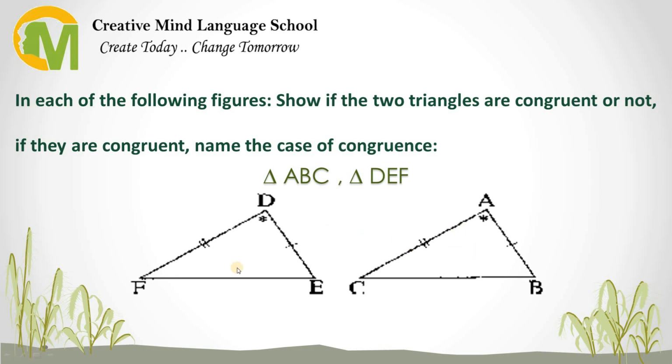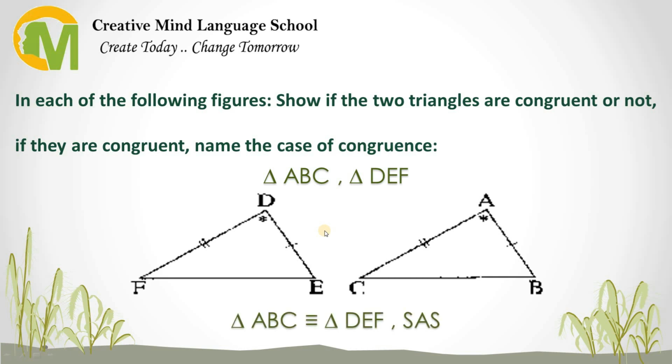So let's think about it. Are these two triangles congruent or not? Let's recall our four cases of congruency. Is there a case that talks about two sides and an included angle in two triangles, where the two triangles are congruent? Exactly. Yes.